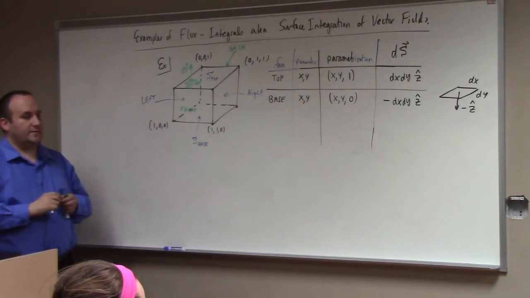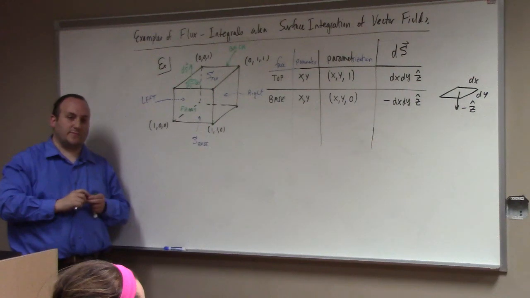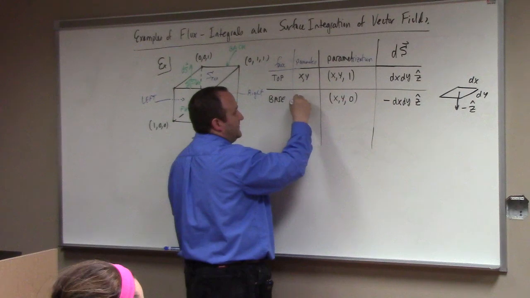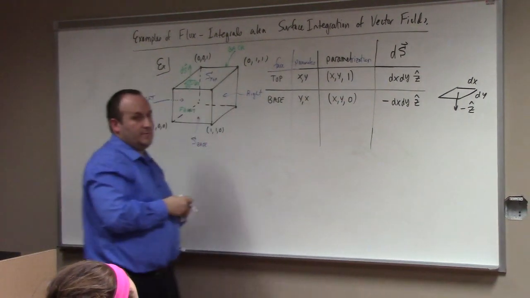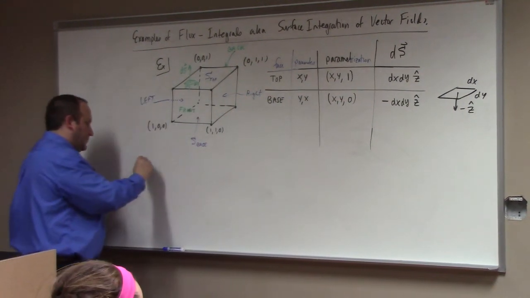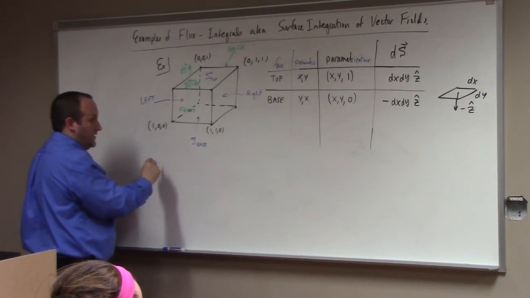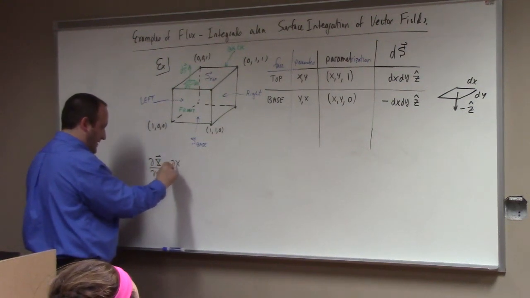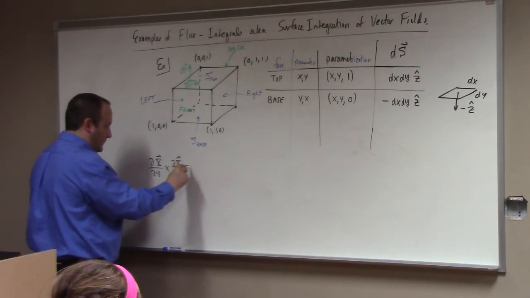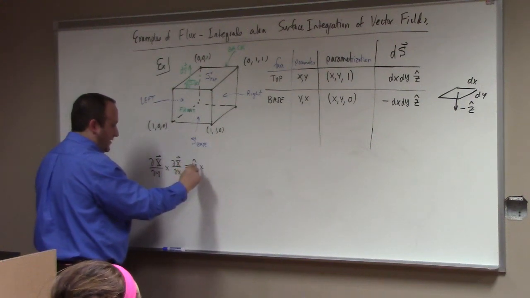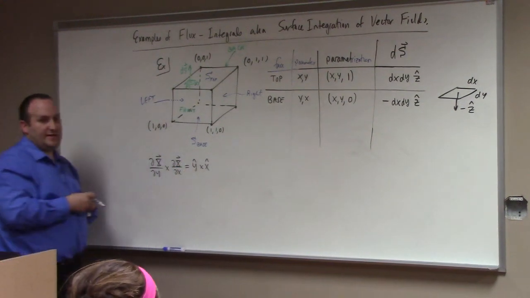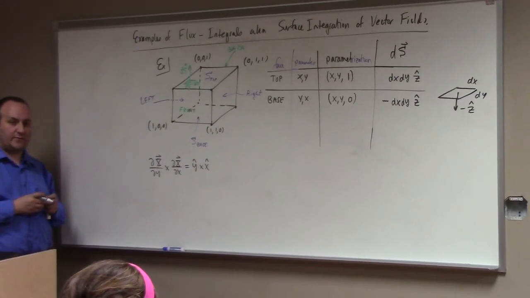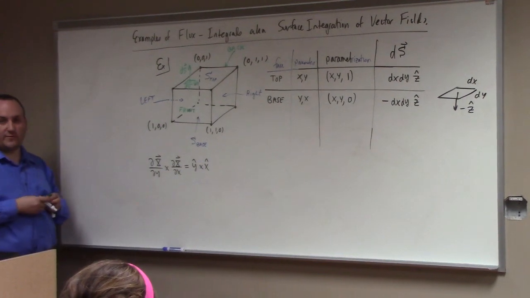That means the order of my parameters should not be x, y. Technically speaking, I should do y, x. Why? Because partial y cross partial x here would be y hat cross x hat, which would be minus z hat. If I order the parameters x, y for the lower face, then I wouldn't get the right normal if I want a downward pointing normal.